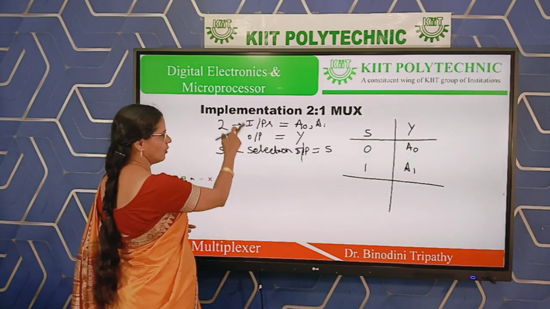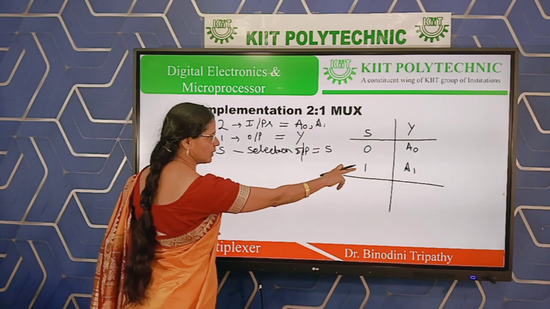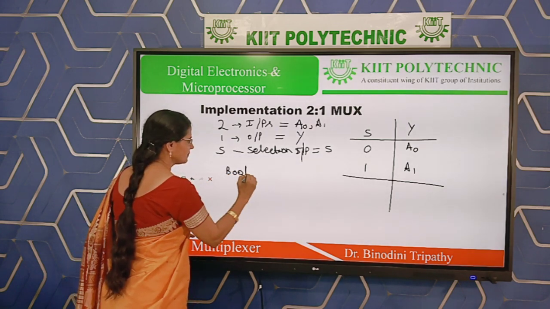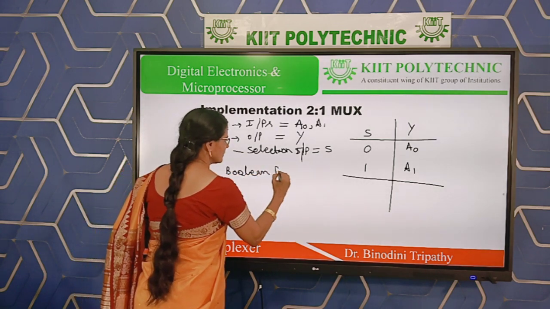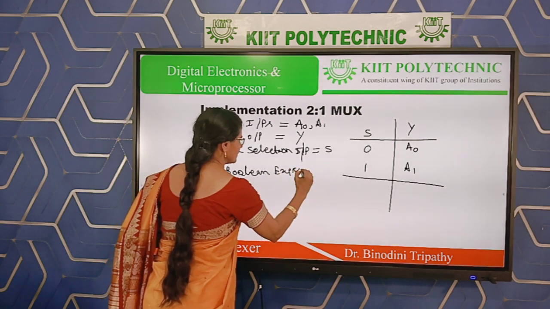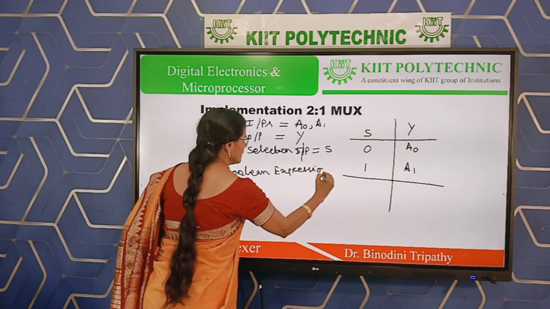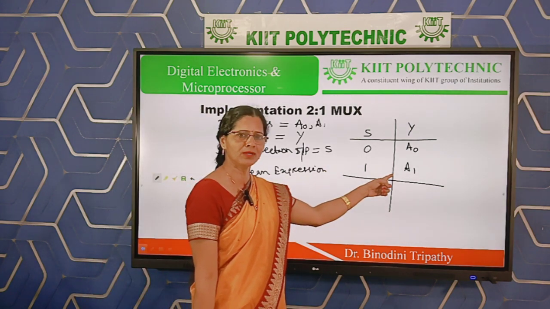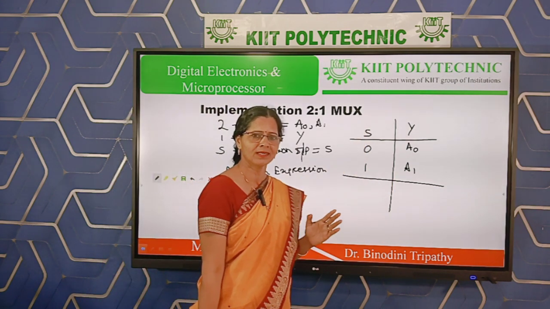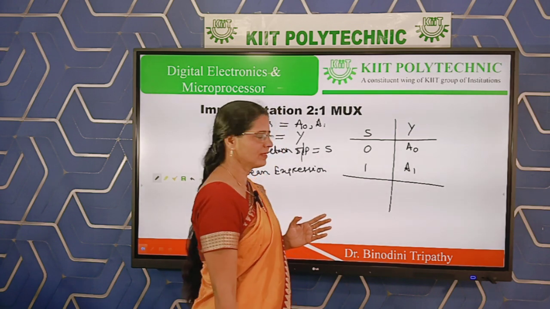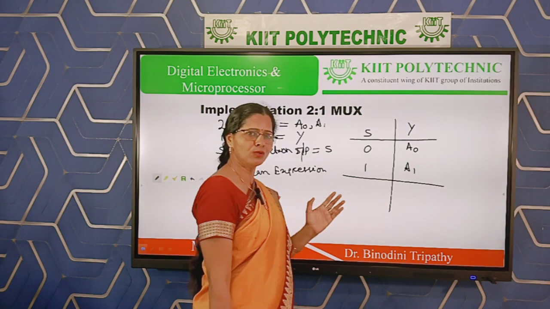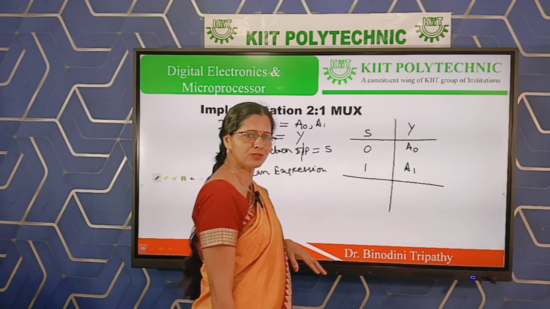Now the first point, all these portions, is finished. Then the truth table, and after the truth table you write the Boolean expression. How do we write the Boolean expression from the truth table? This was already covered in the Boolean chapters.